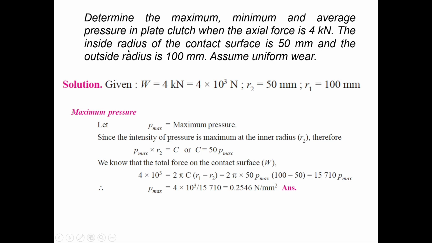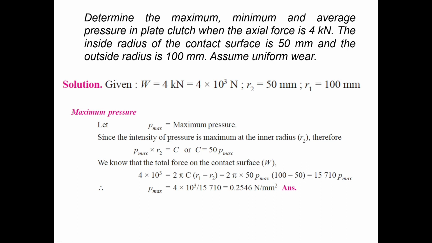Similarly, the inside radius of the contact surface has been given. We know the inside nomenclature is R2, so R suffix 2 is equal to 50 mm. The outside radius, that is R1, is equal to 100 mm. In this scenario, we have to find the maximum, minimum and average pressure in the clutch plate. First we find the maximum pressure. As I told already, the maximum pressure lies at the internal radius.